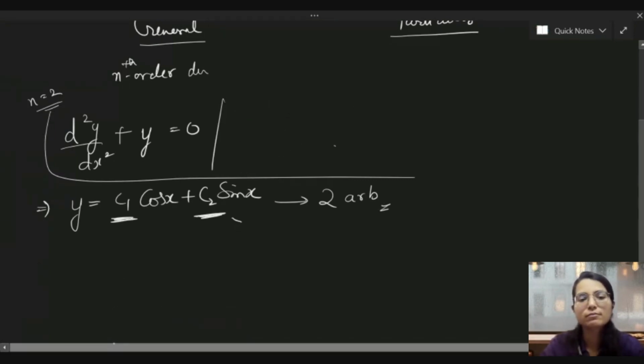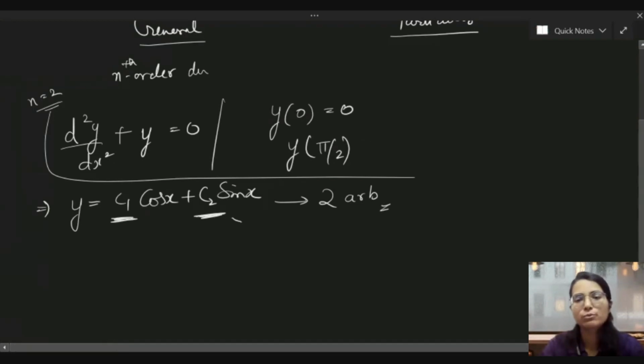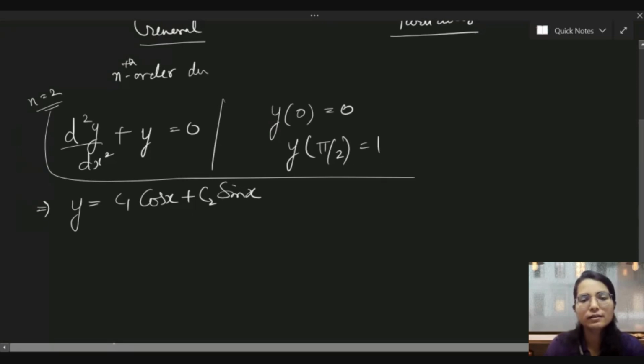Let me write some conditions: y(0) = 0 and y(pi/2) = 1. That's it. Now let us apply these conditions on our y.